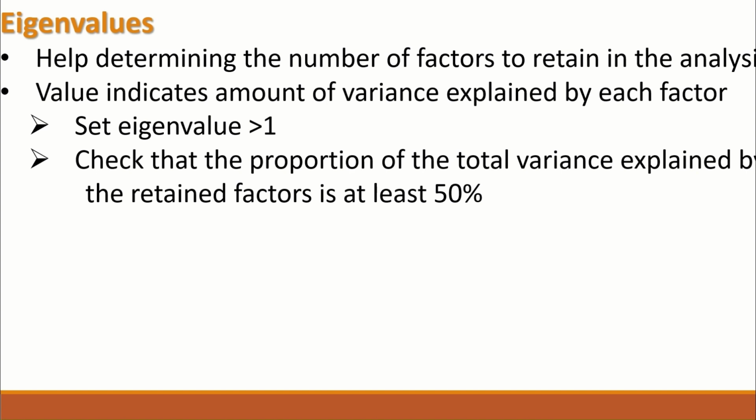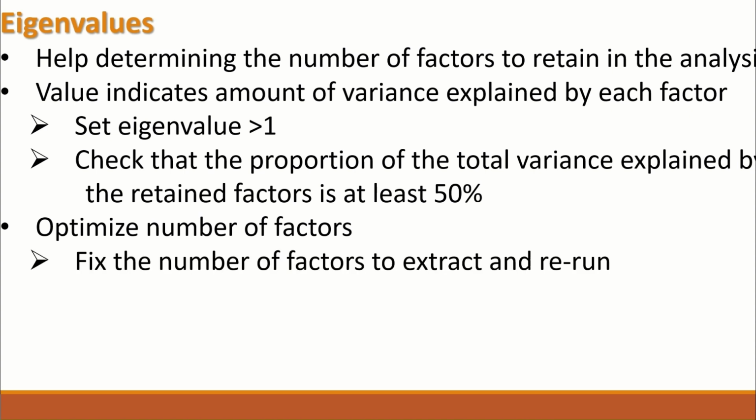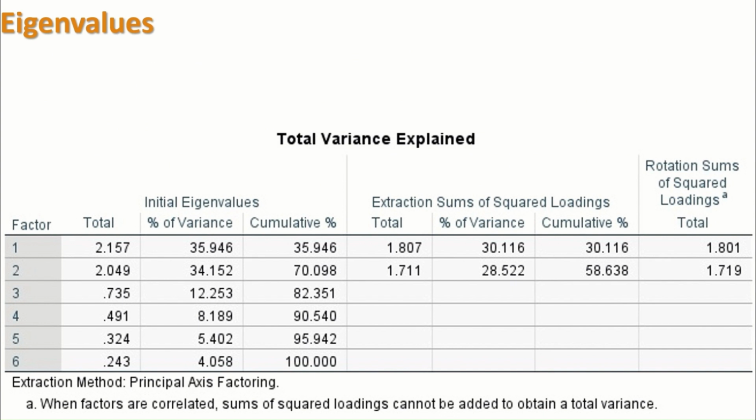We need to check the proportion of the total variance explained by the retained factors, and this proportion has to be at least 50% or greater. The eigenvalues can help in optimizing the number of factors, then determining and fixing the number of factors to extract and perform the rerun of the analysis.